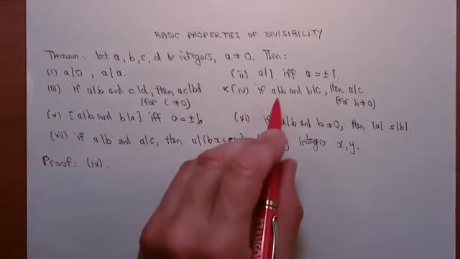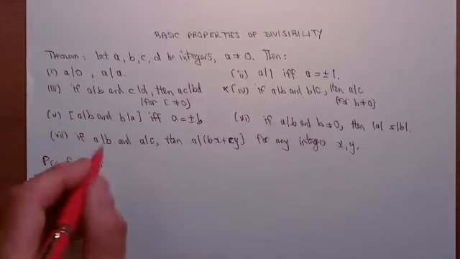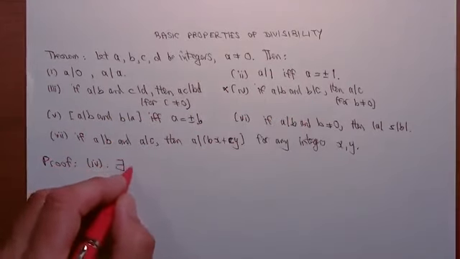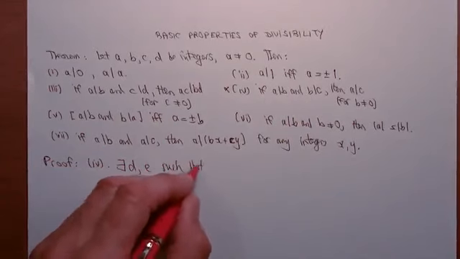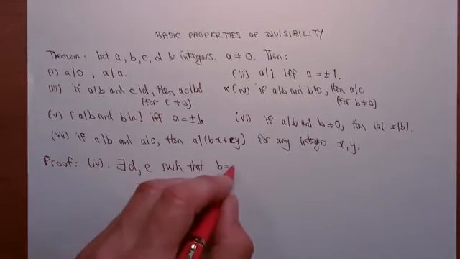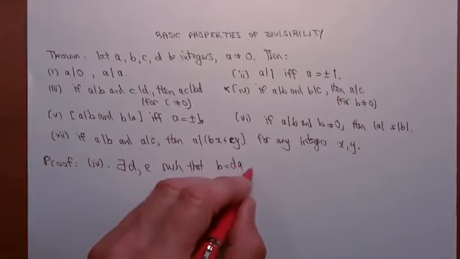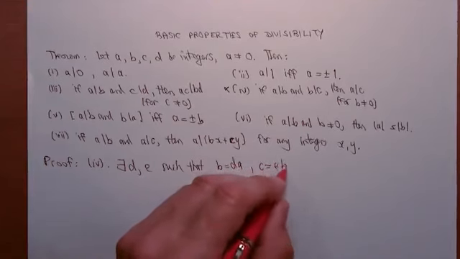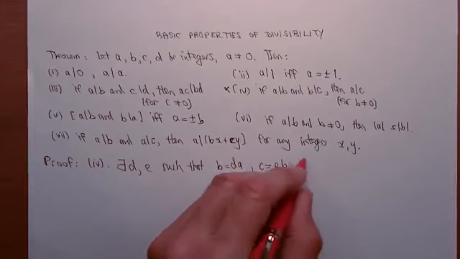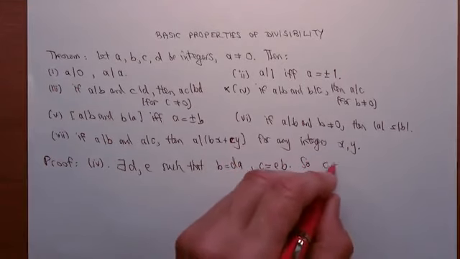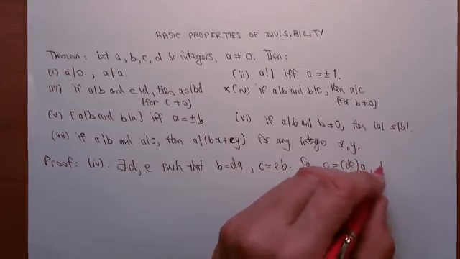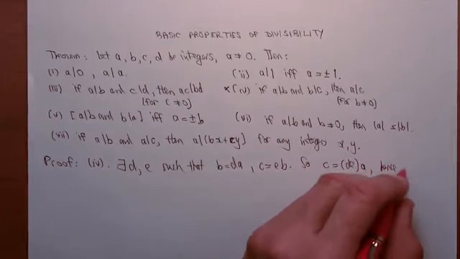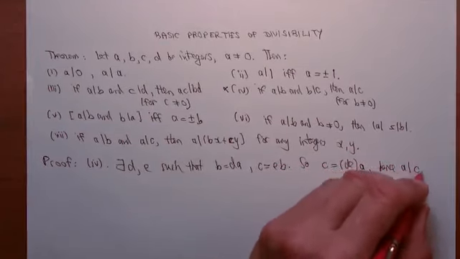If a divides b and b divides c, then that means there are integers d and e such that b equals da and c equals eb. That's the definition of divisibility, in which case c equals d times e times a, which again by the definition of divisibility means a divides c.